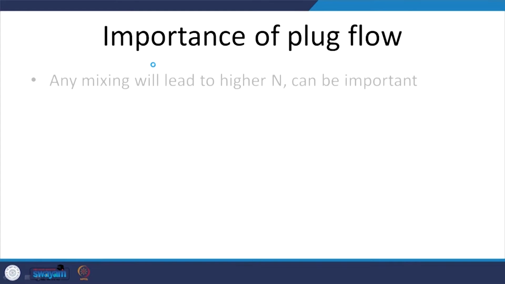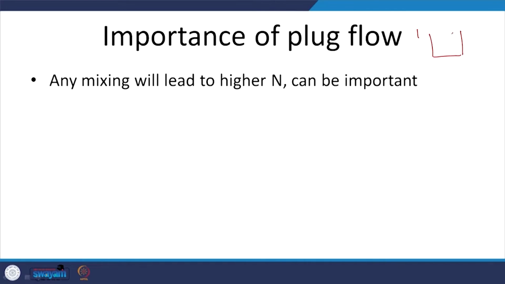So plug flow, why? In general, we saw that if it is a CSTR, it is assumed to be completely mixed. So whatever comes in is immediately mixed: this is my water with reasonably high pathogens coming in, and this is my effluent.